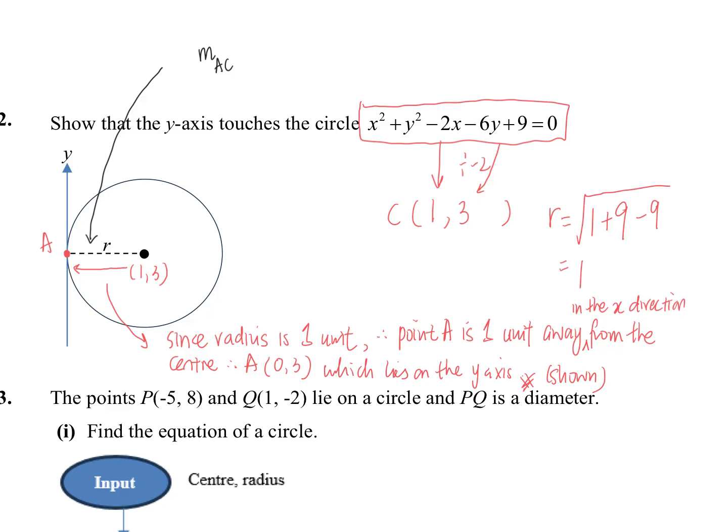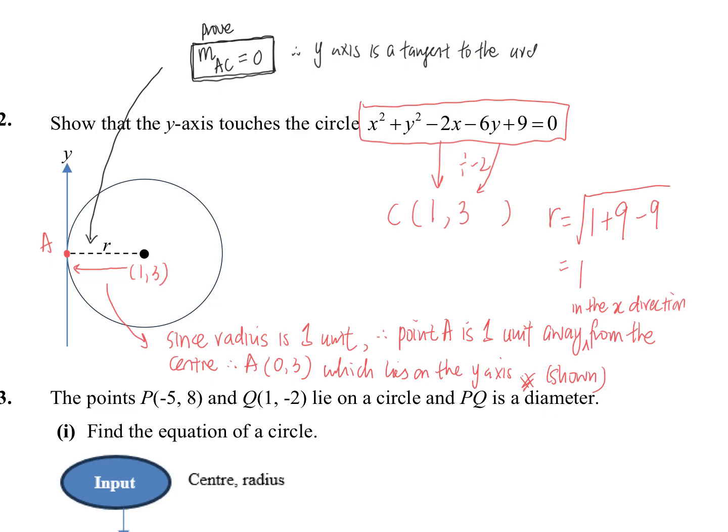Prove that it is equal to 0. Then your y-axis must be a tangent to this circle. Okay, therefore the y-axis is a tangent to the circle.